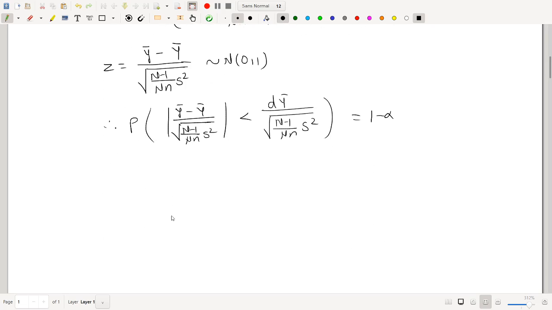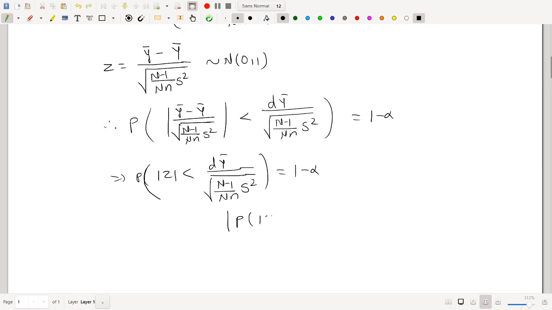Now this is our z. So this implies probability of mod z is less than d Y bar upon root of n minus 1 upon n S square is equal to 1 minus alpha. When z is a standard normal variable, then probability of mod z is less than z alpha by 2 is equal to 1 minus alpha.